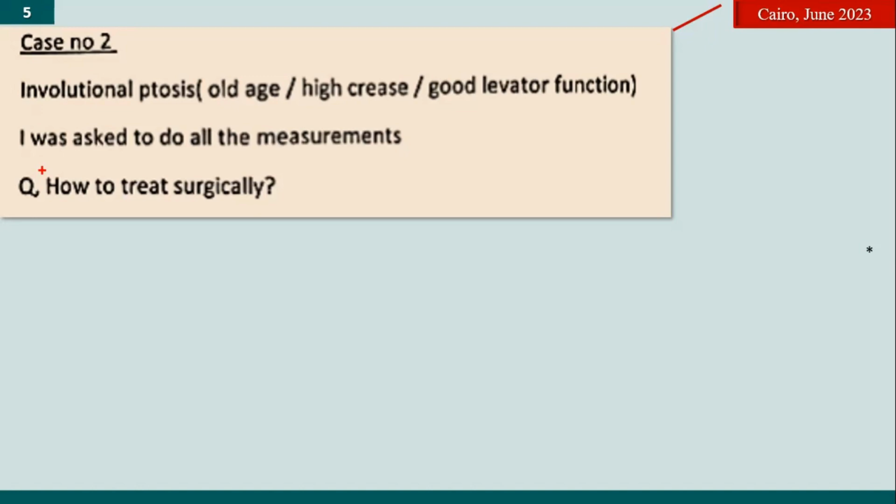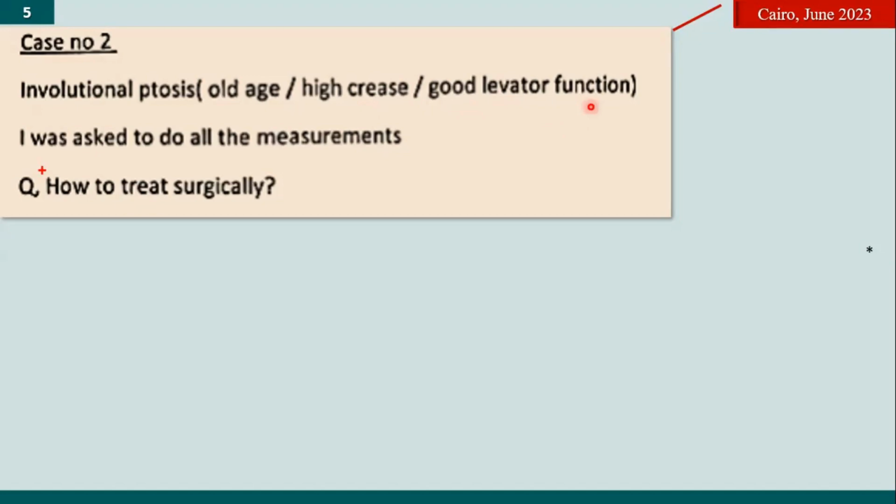Again, in our clinical practice, in order to diagnose involutional ptosis, we need old age, we need a high crease, but as we said before, it might be an absent crease, and other involutional changes like maybe dermatochalasis, maybe deep upper sulcus, thin skin, and good levator function.